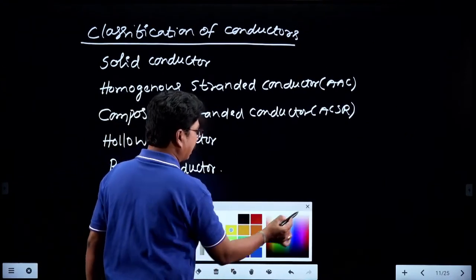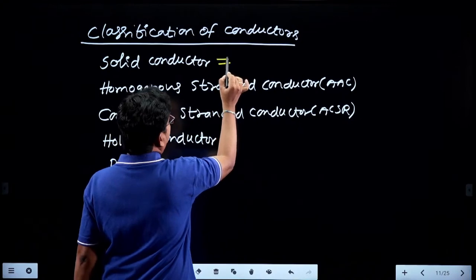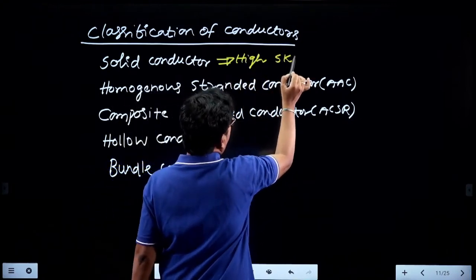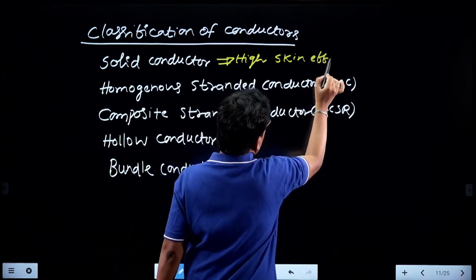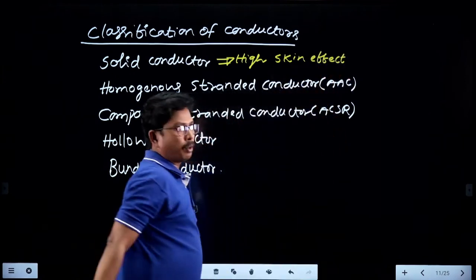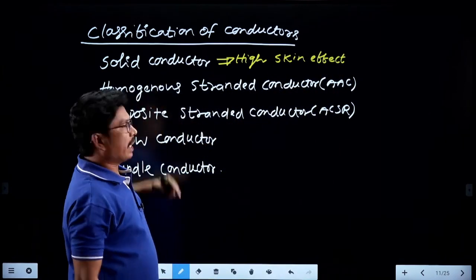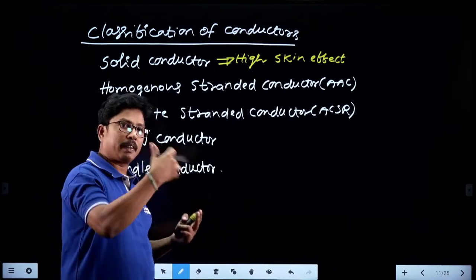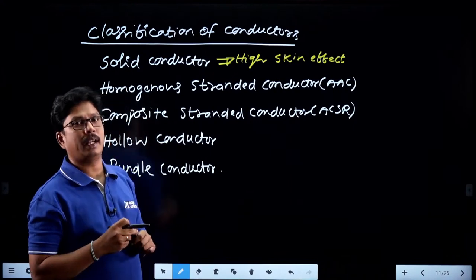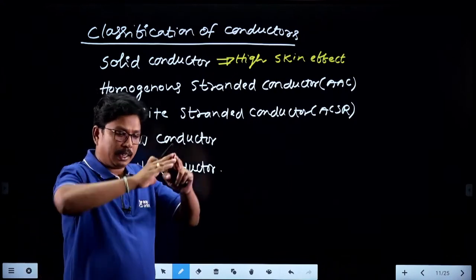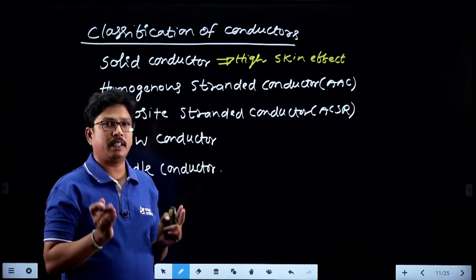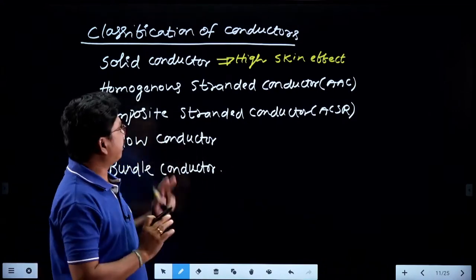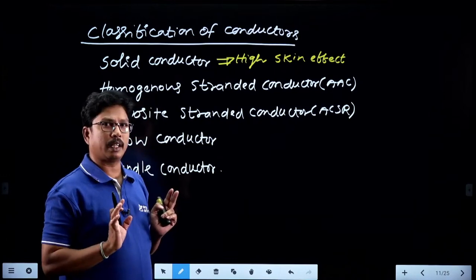This conductor has high skin effect. Whenever you give an alternating supply to a solid conductor, the phenomenon in which the electric current concentrates more on the surface and very little at the center is called skin effect, and that will be more dominant in the solid conductor.